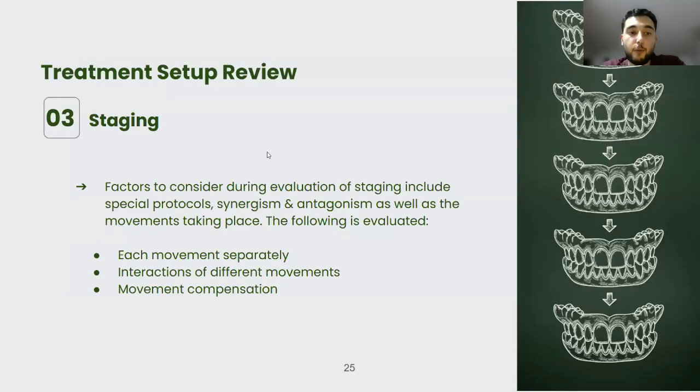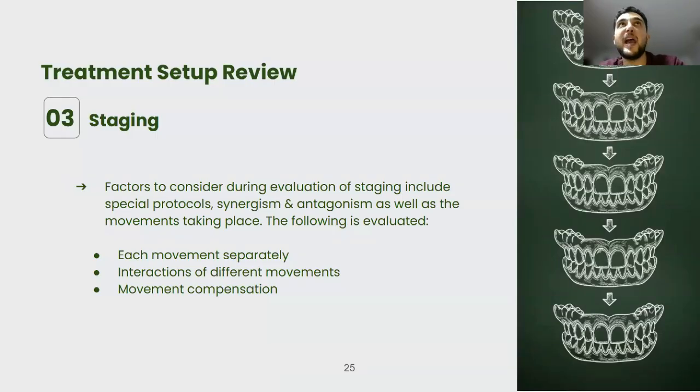So for staging, we have factors to consider during the evaluation, and staging includes special protocols. We have synergism between certain movements, we have antagonism, and as well as the movement taking place, the following is evaluated. So we evaluate each movement separately. We evaluate the interactions of these movements together. When I say each movement separately, I'm saying look at the movement, look at when it started happening.